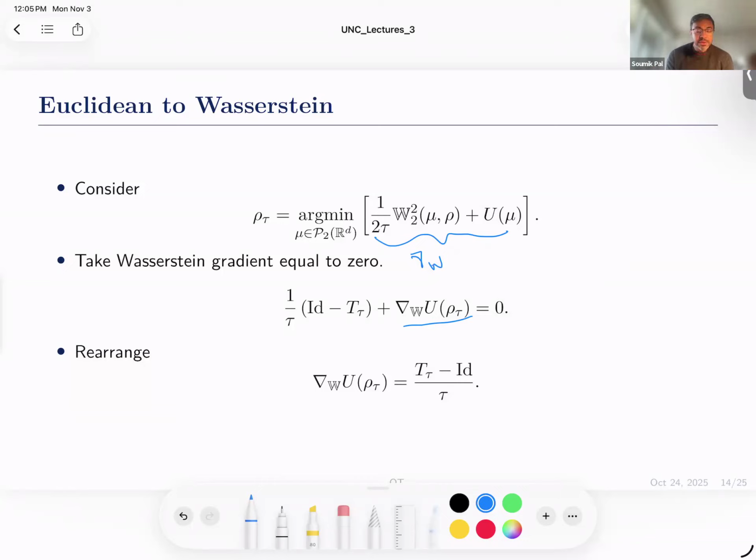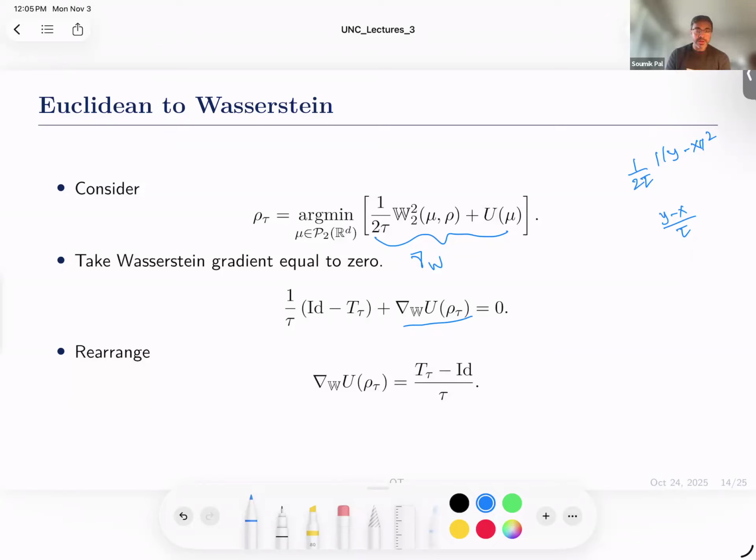Now, the Wasserstein gradient of the first term is something that we have already computed before in my previous class. Okay, remember that this should be compared with the Euclidean 1 over 2 tau norm of y minus x squared. And if I take the derivative with respect to x, I get exactly y minus x over tau. And then if I switch it to my Wasserstein gradient, I get 1 over tau times identity minus T of tau, where T of tau is taking my rho tau to rho.